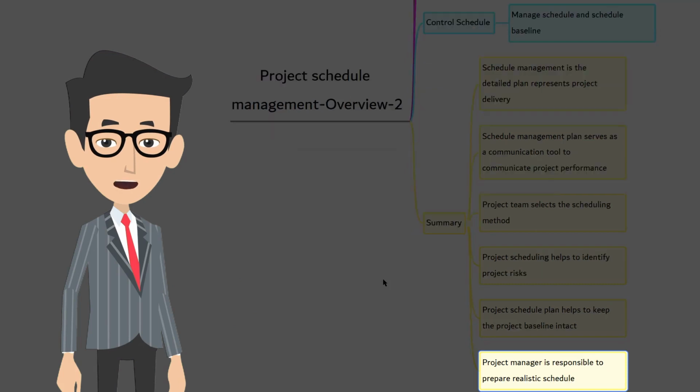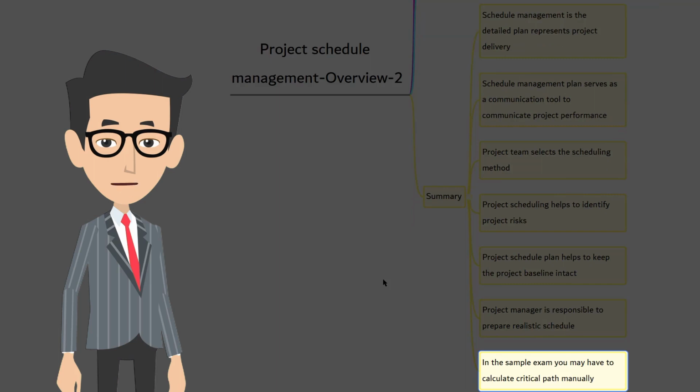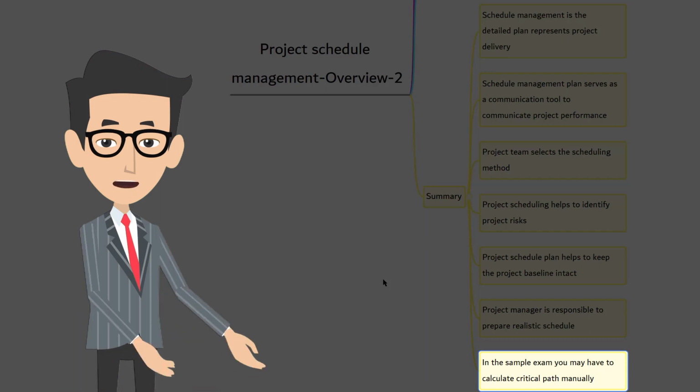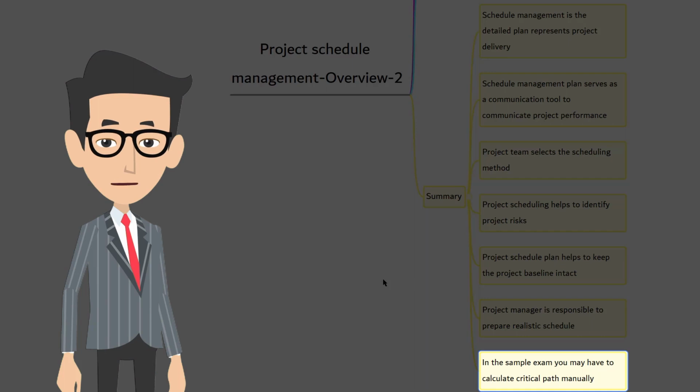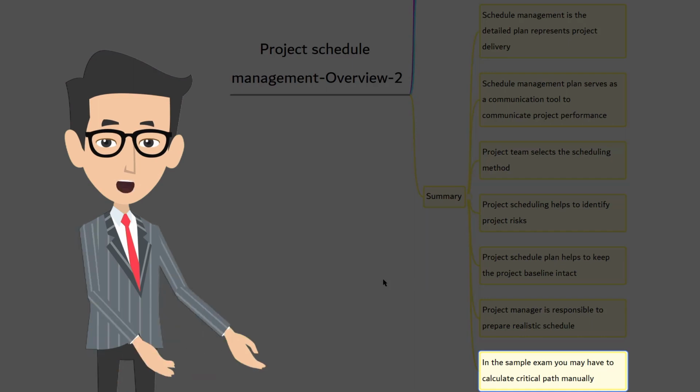It's the responsibility of the project manager to prepare a realistic schedule and present it to the stakeholders to gain their approval. Even though in real time, we project managers often use project management software, which is highly useful in managing the schedule, in the examination, you may be asked to calculate the critical path manually.